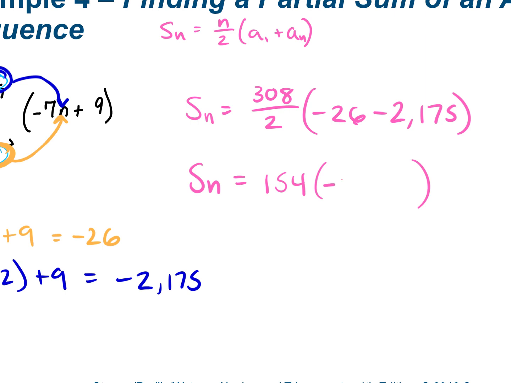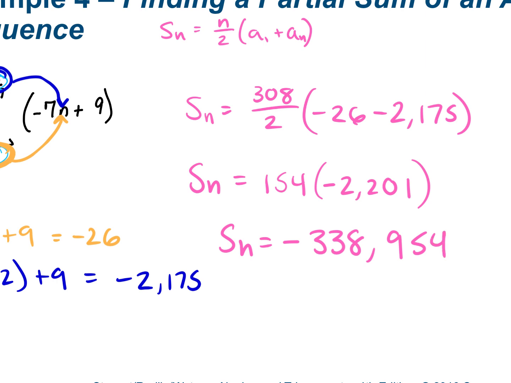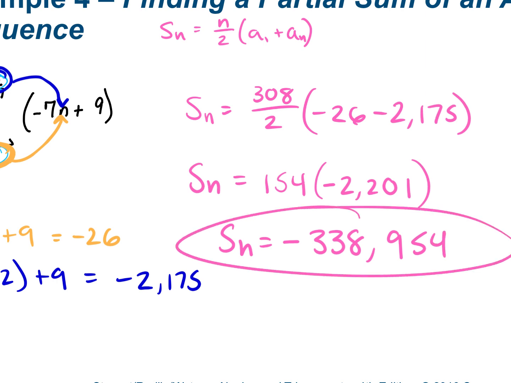So that would be negative 2,201. And then we're going to multiply it by 154. So the sum of all of our terms in the sequence is negative 338,954. Definitely want to use your calculator for this section because the numbers get really big really quickly.